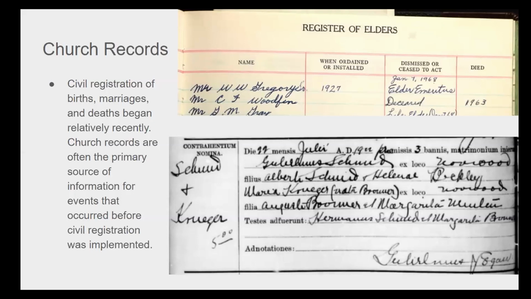It says that he was from Norwood, son of Albert Schmid and Helena. It gives her name as Maria instead of Mary because that's the Latin version. And she was from Norwood and the daughter of August Bronner and Margaret Minton. So there's lots of good information available there.